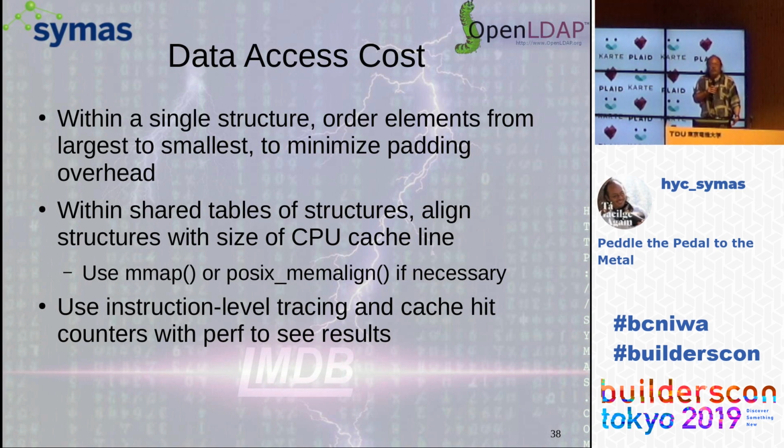If you don't manually align your data, typically the C library will give you memory that's been aligned to 16-byte boundaries. So if you want to align to a cache line, you might have to readjust the memory size yourself, or you can use something like posix_memalign, which does that for you.